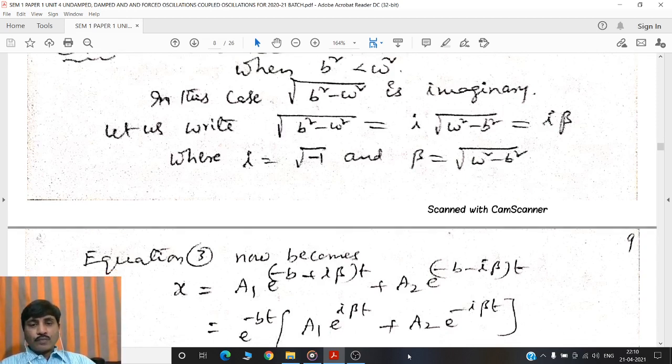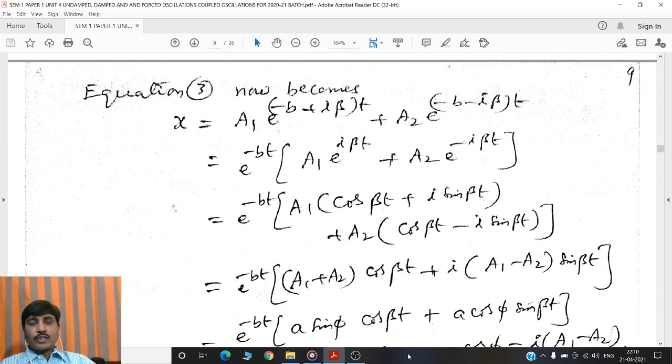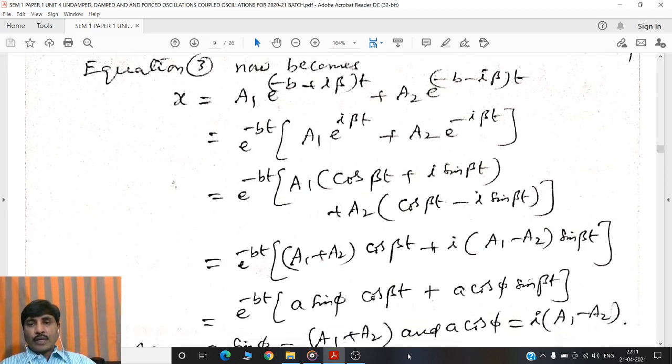Substituting this value in equation 3, we get x is equal to a1 into e to the power of minus b plus i beta into t plus a2 into e power minus b minus i beta into t, that is equal to e power minus bt into a1 into e power i beta t plus a2 into e power minus i beta t.